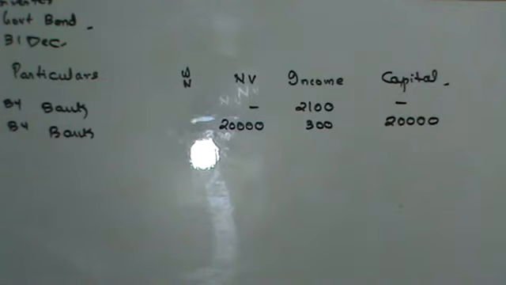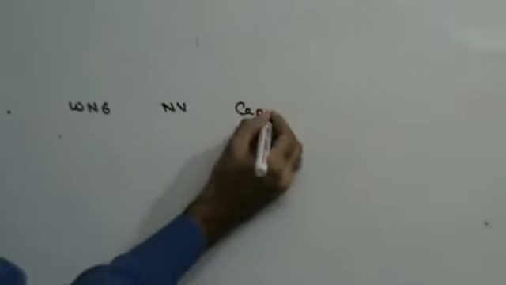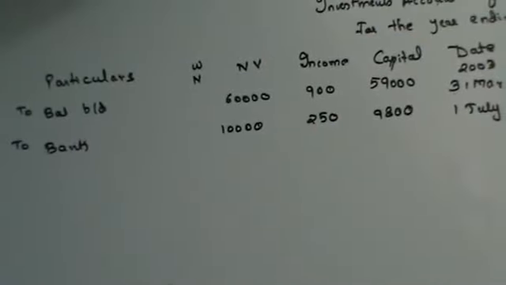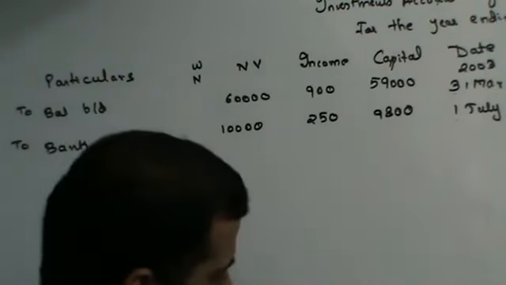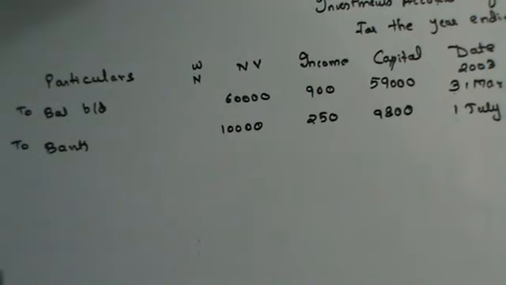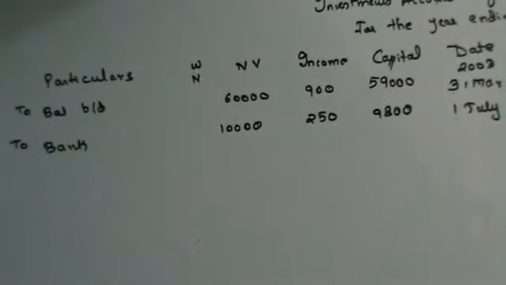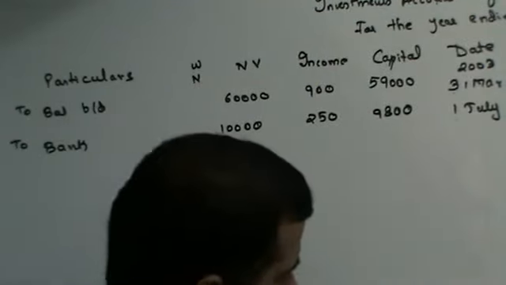So working note 6. Nominal value, capital value. You have to consider all the transactions up to the date of sale. You do not consider the transaction of the sale date. All the transactions that have occurred before the sale date have to be considered. So your nominal value is 70,000. Someone please add the capital value, 59, 68,800.